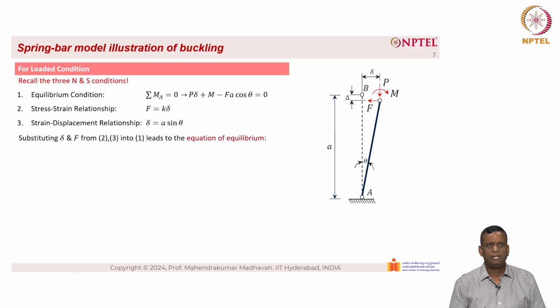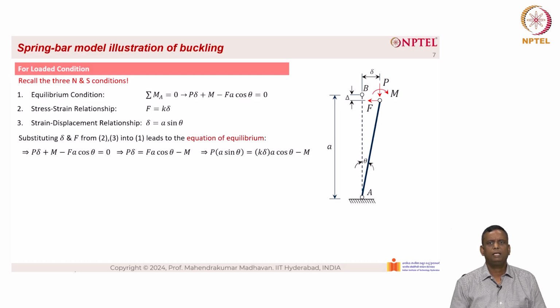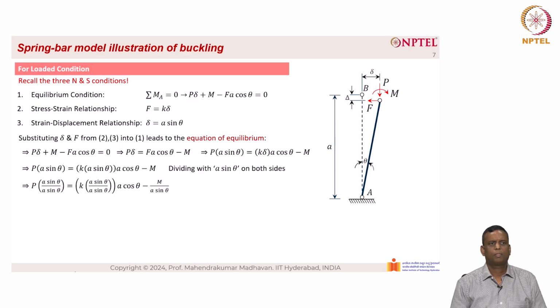So from delta and F, equations 2 and 3, when substituted into equation 1, lead to the equilibrium equation P delta plus M minus F A cos theta equal to 0, which implies P delta equal to F A cos theta minus M. So this implies F into A sin theta equal to K delta into A cos theta minus M. P A sin theta equal to K into A sin theta into A cos theta minus M. Dividing both sides by A sin theta gives P equal to K A cos theta minus M divided by A sin theta, which becomes equation 4a.